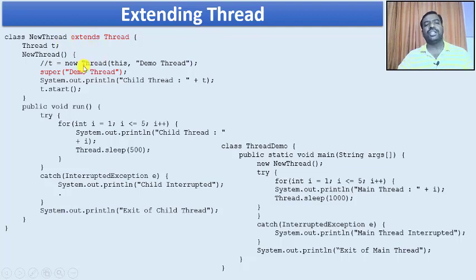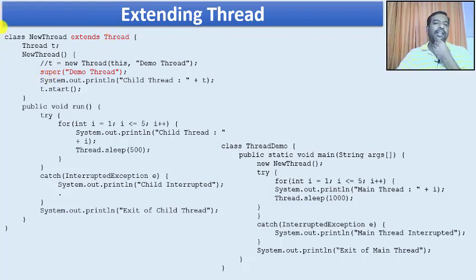The second change is that I need not call the constructor directly of this particular class. If I do so, it's not going to create any thread object. Now I need to make use of the superclass constructor. If you remember, using super, I can call the superclass constructor by passing a parameter.